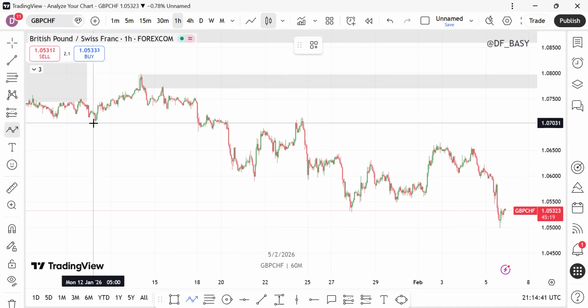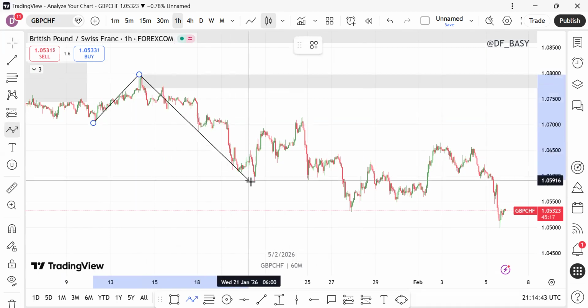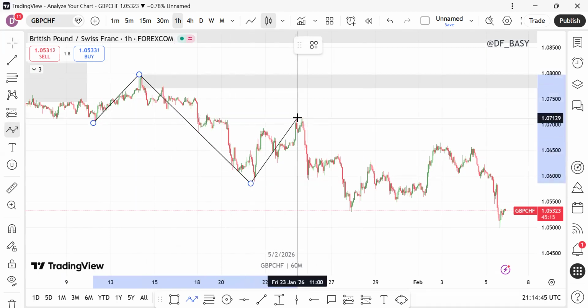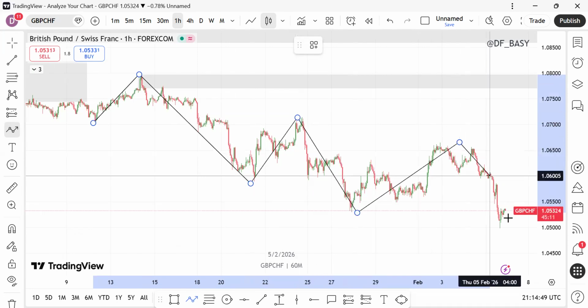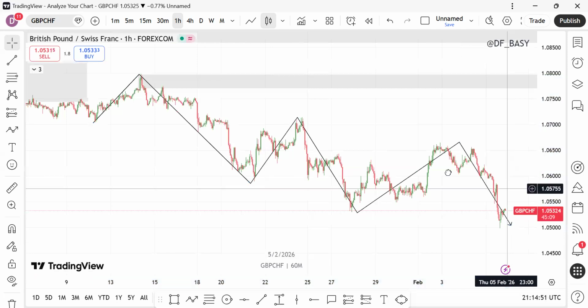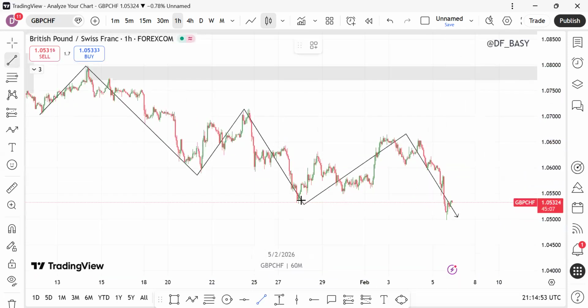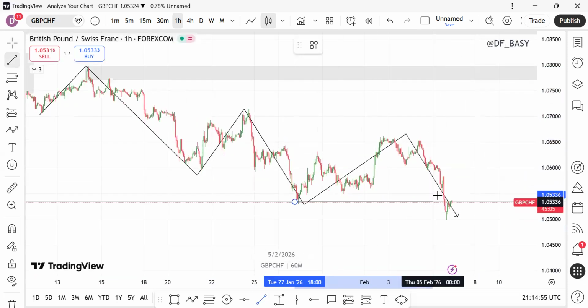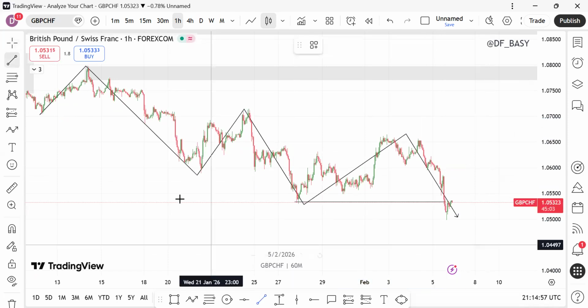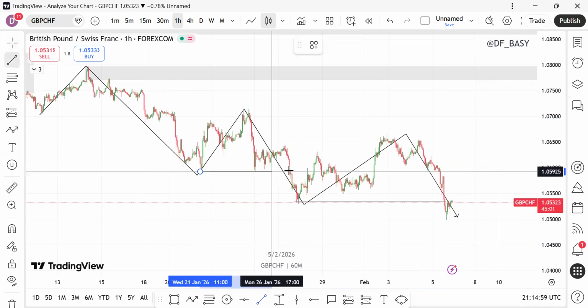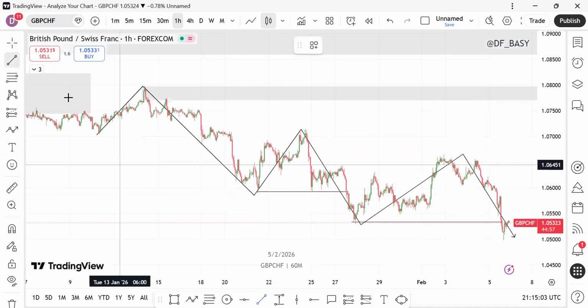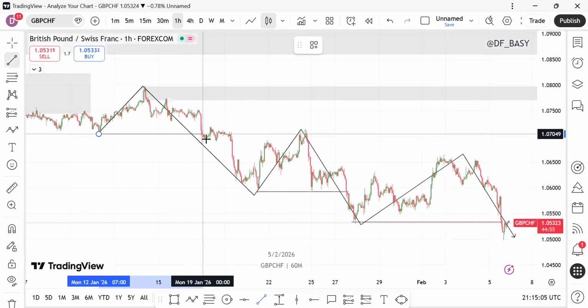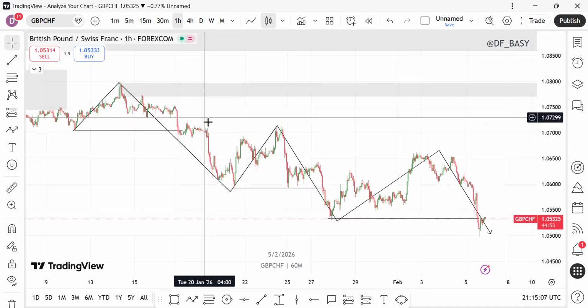Look clearly, you can see market is breaking lows, breaking structure to the downside. So now you have a break of structure here, a break of structure here, and you have a break of structure here.